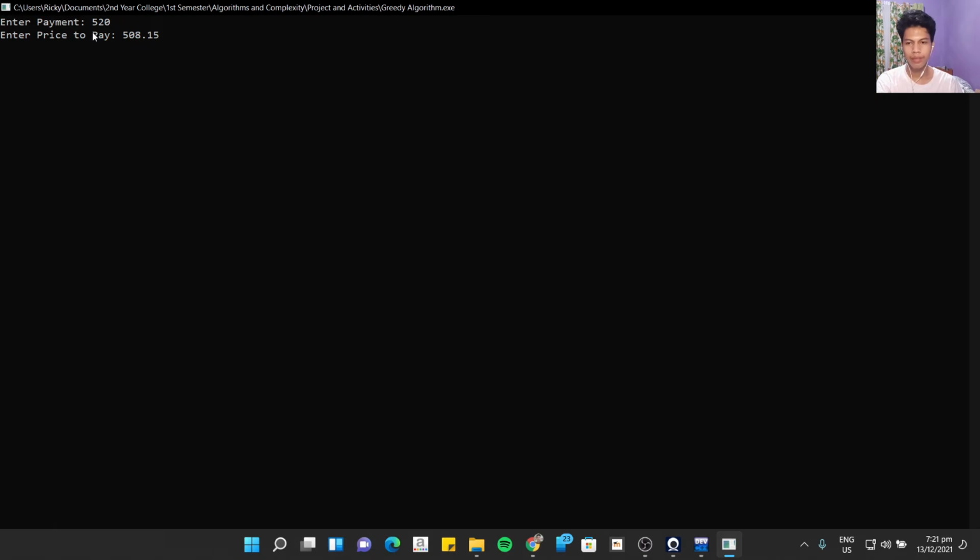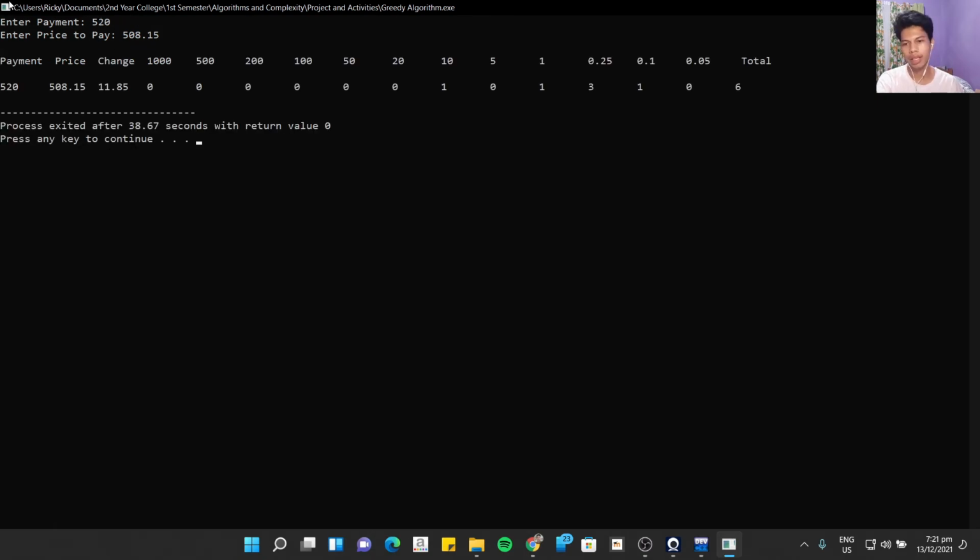Upon entering, as you can see, the payment, or the total cash given by the customer, is 520, but he just needs to pay 508.15, and then the cashier will give the customer the exact change with these denominations.